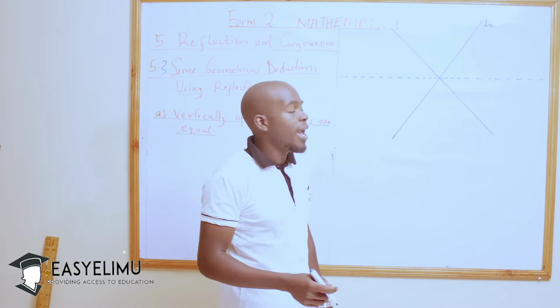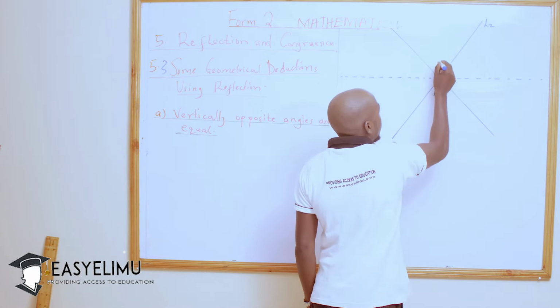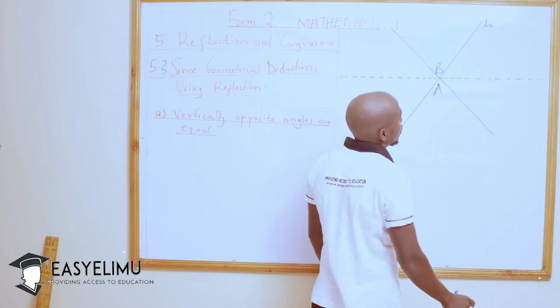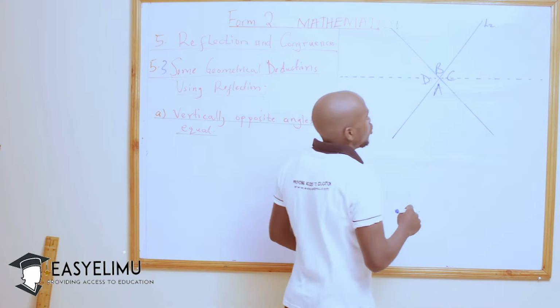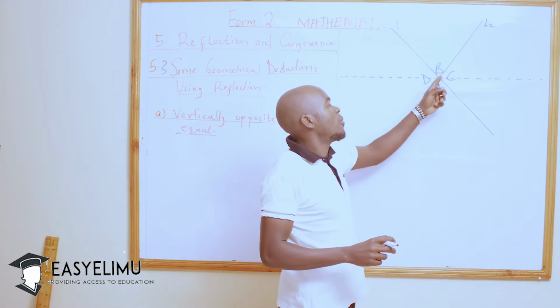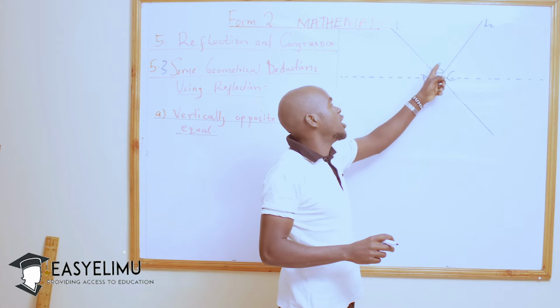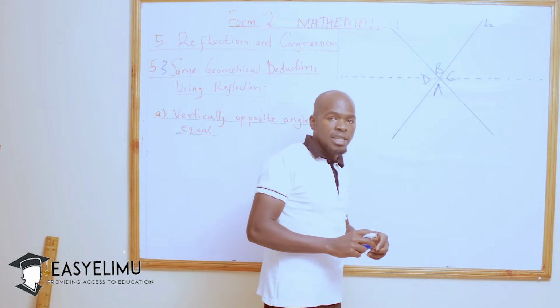Let's give the angles letters: this one A, this one B, which is vertically opposite to that angle, this one C, and this one D. You will find that angle A, the one on top, has vertically opposite to it angle B. The same applies to C, which is opposite to D.